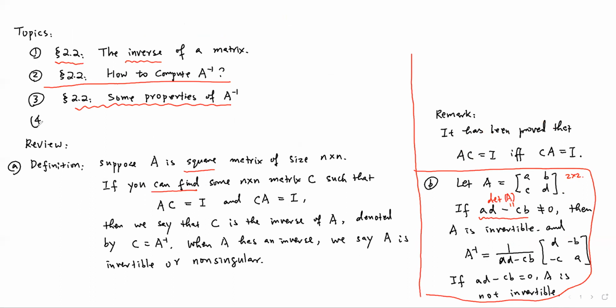Let me add a fourth topic. The fourth topic is section 2.3. Section 2.3 has only 1 theorem, called the invertible matrix theorem. I think I have time to present this topic today. Now let me present some properties about A inverse.